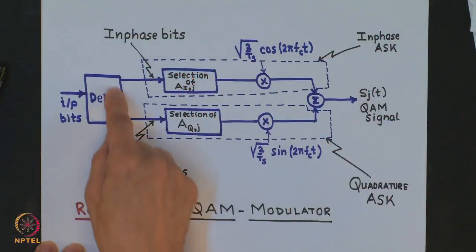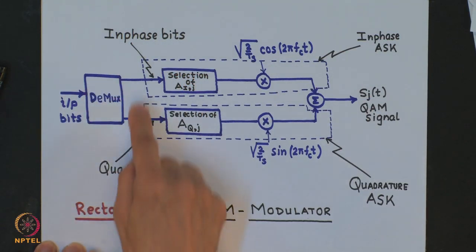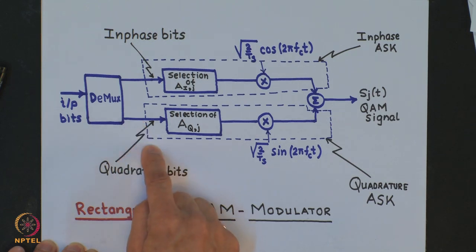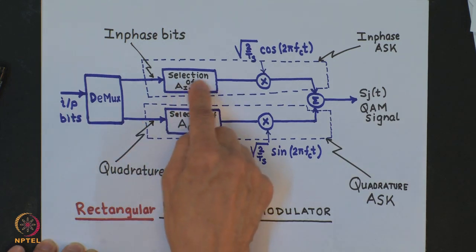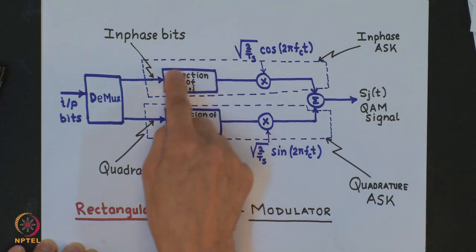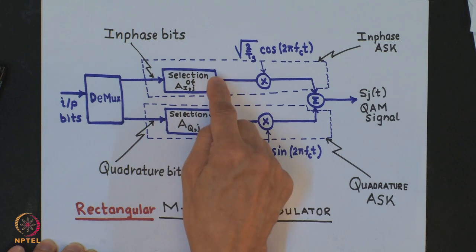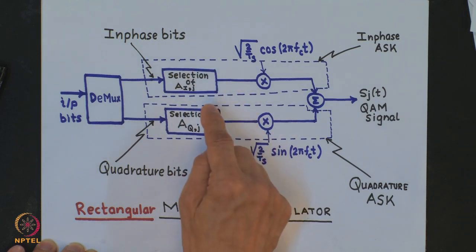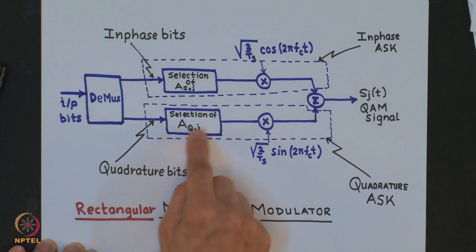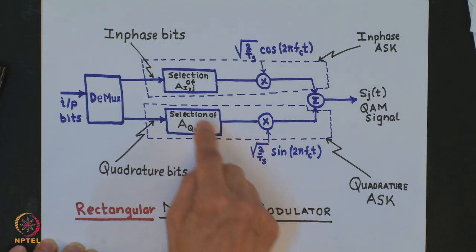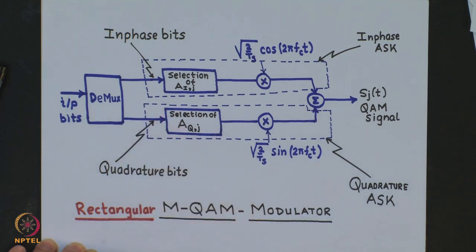You have input bits, which go through the demultiplexer, and we get in-phase bits and quadrature bits, and selection of Aij. The number of discrete values for Aij would be equal to 2 raised to Ni, where Ni is the number of in-phase bits, and the number of discrete values for Aqj will be equal to 2 raised to Nq, where Nq is the number of quadrature bits.